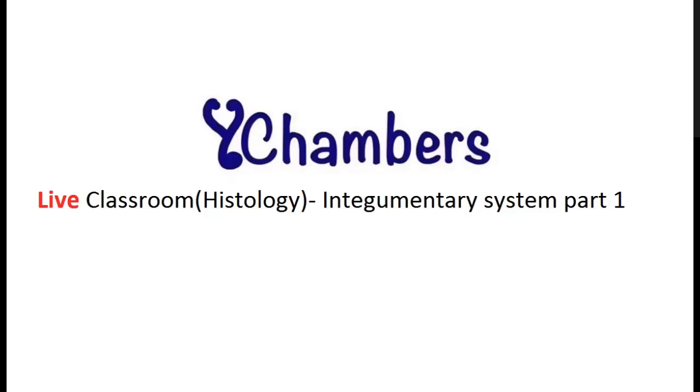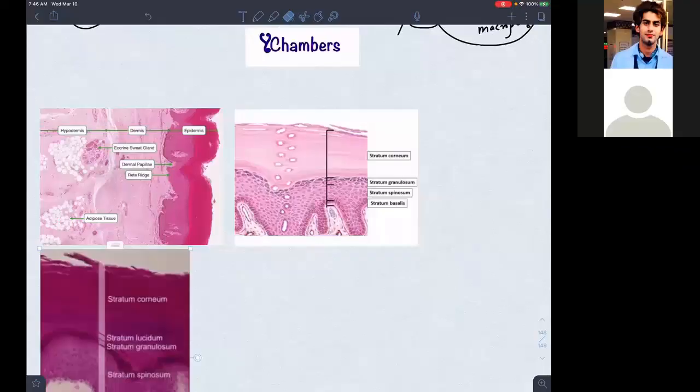Okay, friends. So right now on your screen are the microscopic images of the skin section. The section has been taken in such a way that if I talk about this right one, this is the outside, the outer region, the periphery, and you are going towards the center.